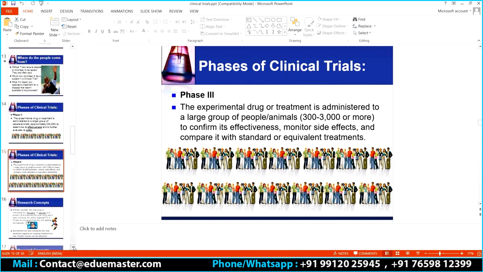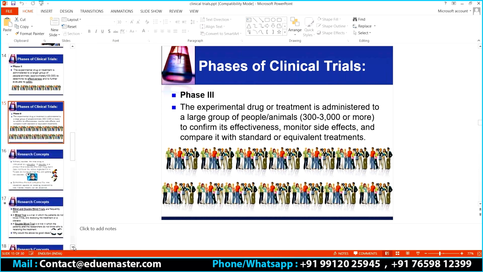So we already have a benchmark. We need to overcome that, or at least we need to match that. Clear? All of you are clear up to this? There are a few more trials here, but I won't go into that particular one. I'll give it a pass here, and I'll tell you now where SAS is required and why SAS is required in this entire clinical trial.